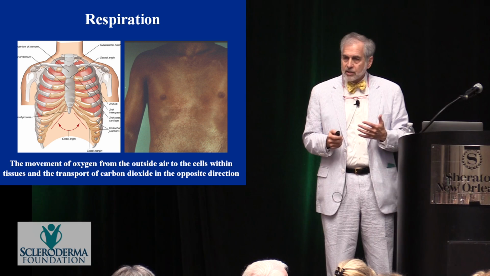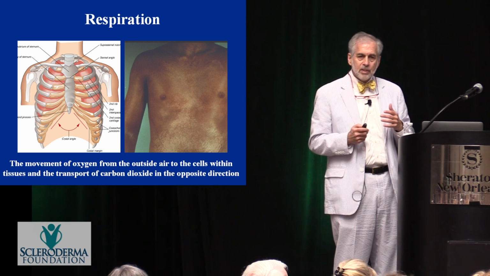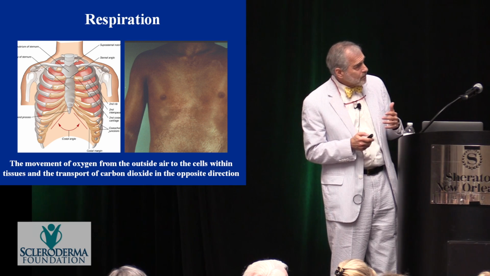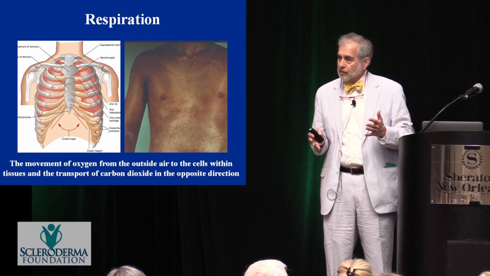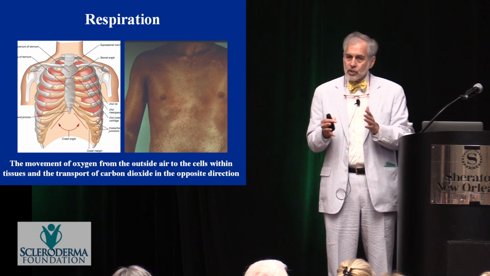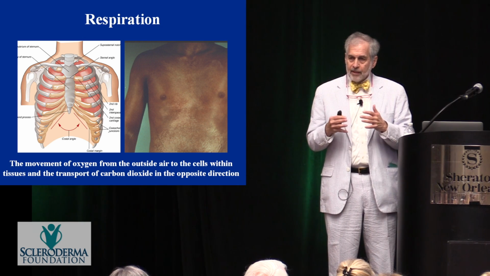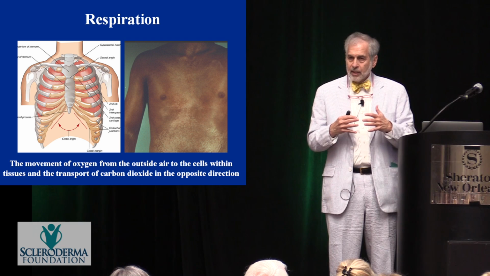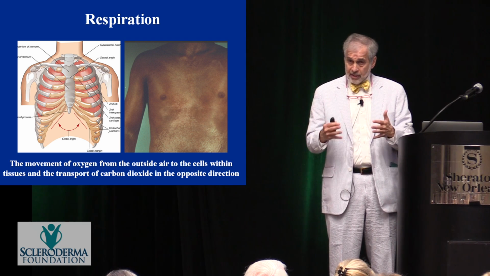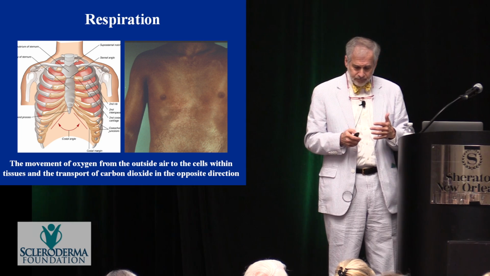In some situations, we see patients who are weak from muscle inflammation, polymyositis occurring in association with scleroderma. Their muscle weakness may actually impair their ability to get enough air into their lungs, and that can lead to shortness of breath.